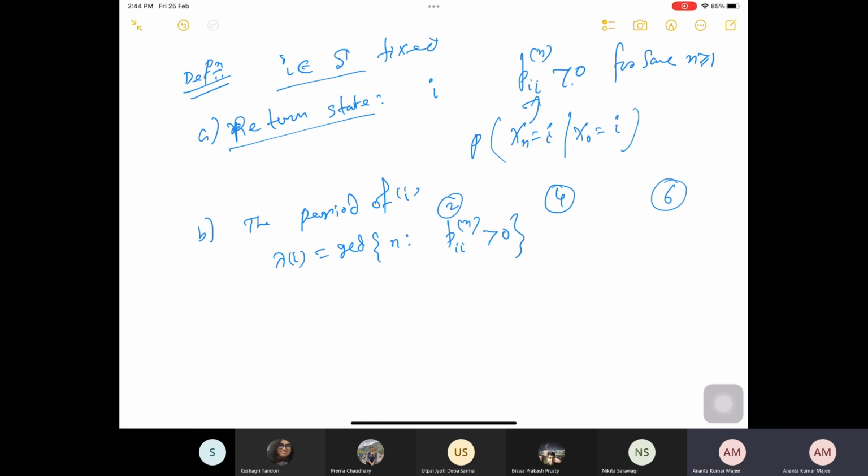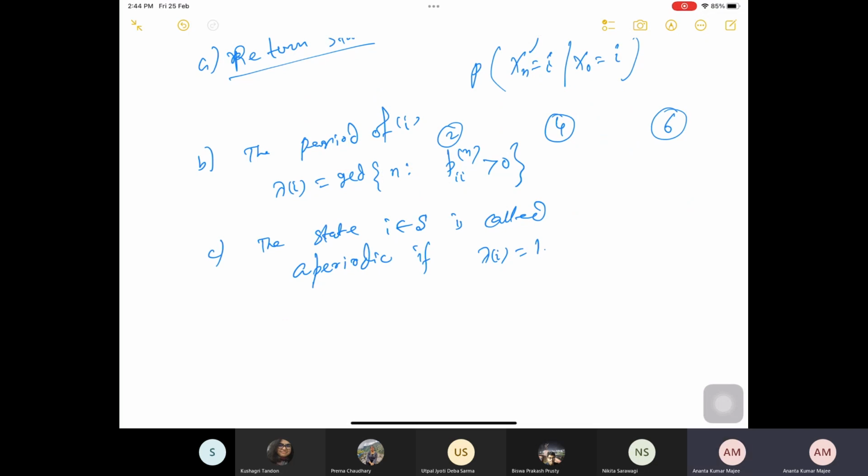Because on the period of I, we have one more classification. That is called the aperiodic. The state I is called aperiodic if lambda of I is equal to 1. Okay, that means GCD of n such that P_ii of n is greater than 0 is equal to 1.